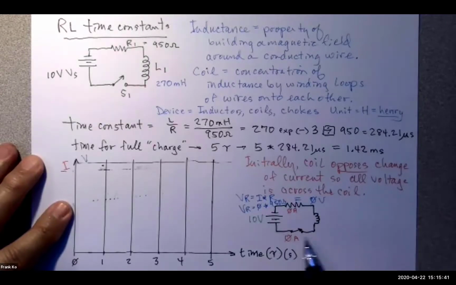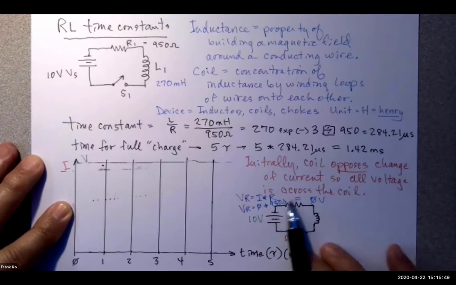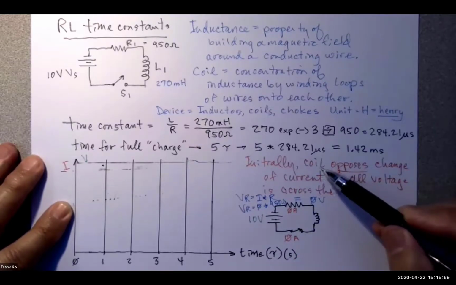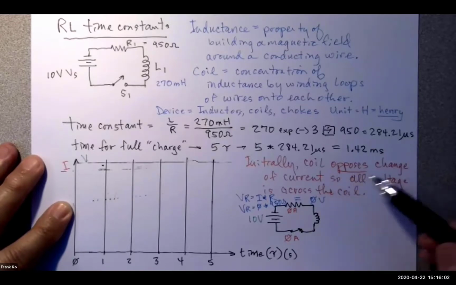So in this circuit, do I have a closed loop, yes or no? The answer is yes. Here, do I have the ability for electricity to flow because I have a closed switch? The answer is yes. The ability is there for current to flow. However, a very unique characteristic of the coil is that it opposes any change of current.